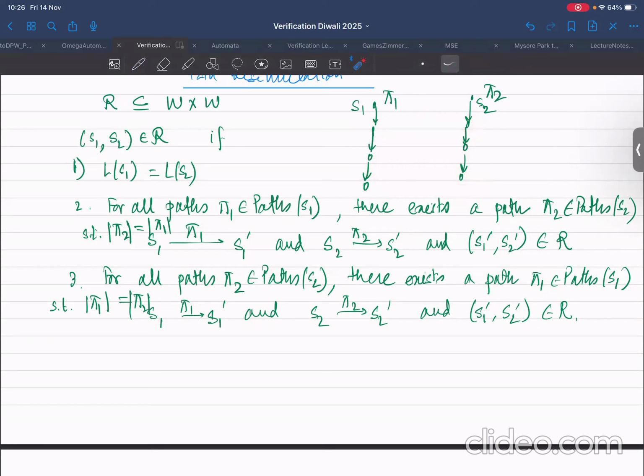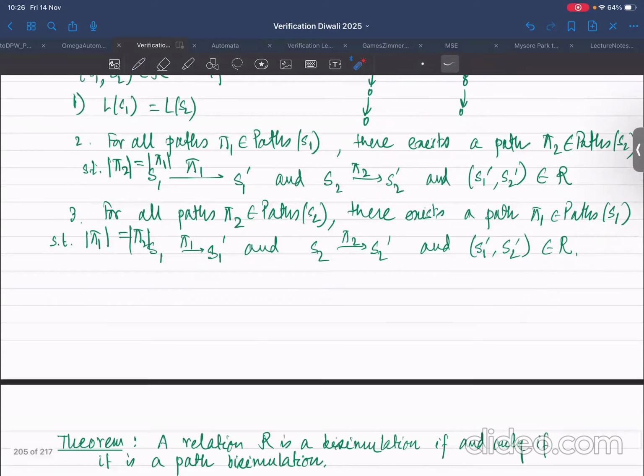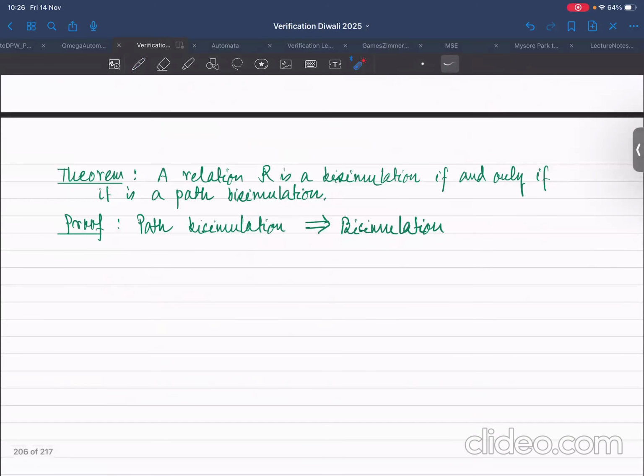They are also path bisimilar because there is a quantification over all paths. A path can be of length 1, length 2, length 3, and so on. And as Chandralekha was saying, if you restrict path bisimulation to paths of length 1, then you get bisimulation.